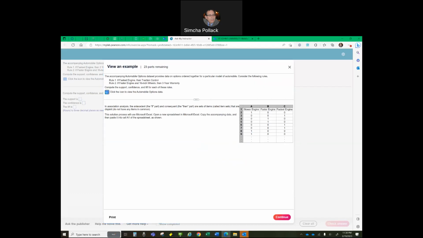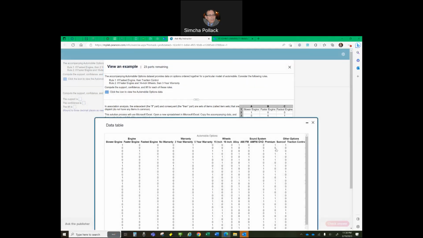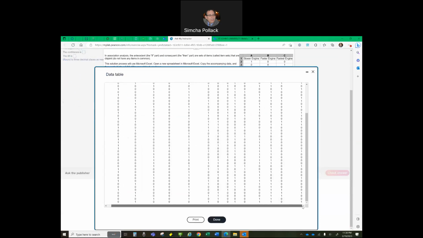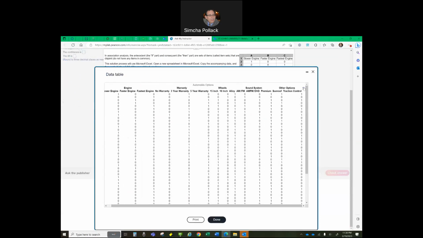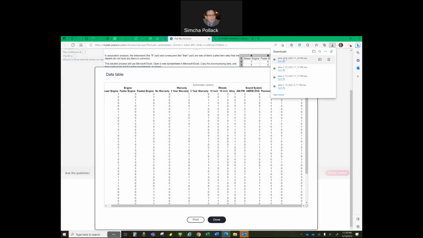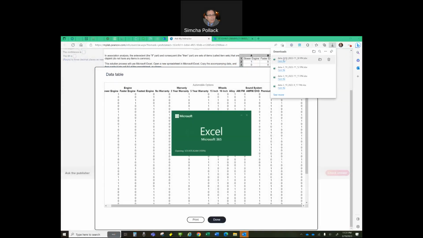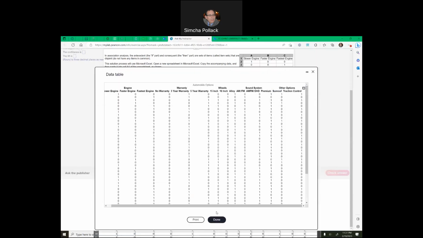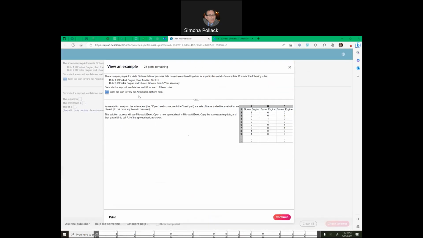We're going to put the data into Excel, which is not visible here, but if you move it over, you'll see it. Open in Excel. Rule 1, target fastest engine, traction control.